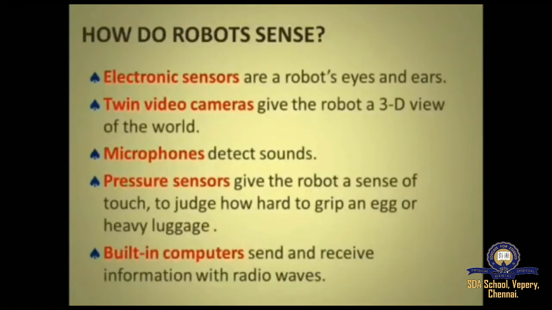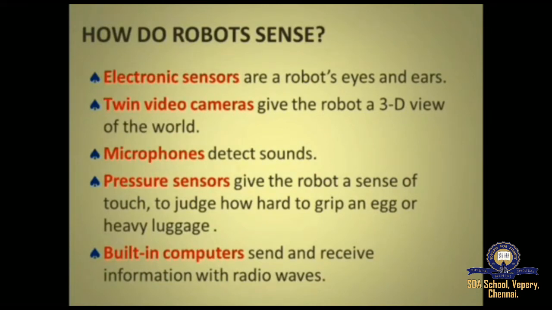Robot sense. Electronic sensors are a robot's eyes and ears. So what are the robot's eyes and ears? It is the electronic sensors. For giving the robot a 3D view of the world, twin video cameras are used, and microphones are used to detect sounds.